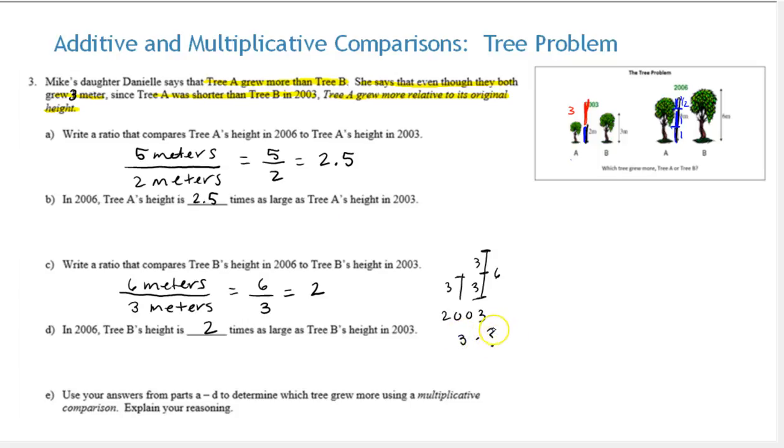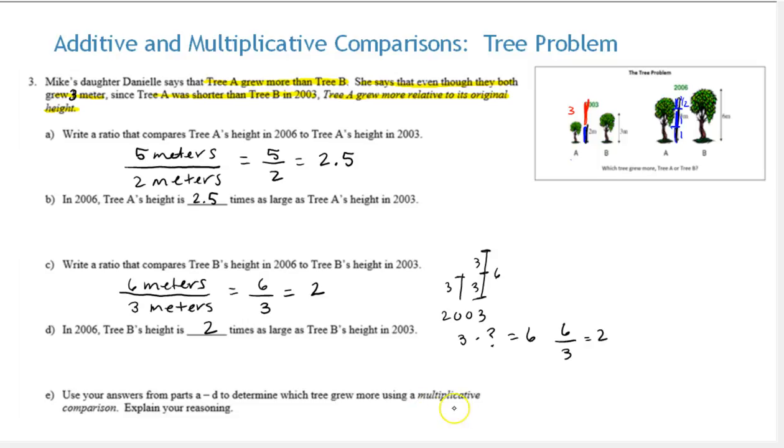What would we multiply that by? How many copies will get us to 6? Well, we'd multiply 3 by 2 to get 6. But instead of solving this multiplicative equation, we say 6 divided by 3 is what this number will be, which is 2.